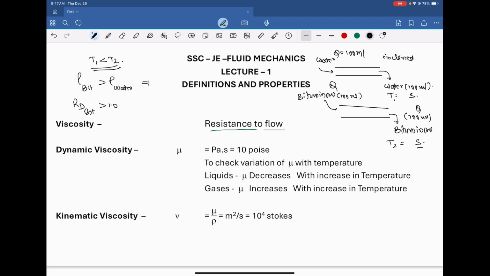The reason is there is a resistance to flow for bituminous to freely flow in the pipe. That is called the viscosity. The viscosity of bituminous is greater than the viscosity of water. Viscosity I have already defined. We call it mu. Pronounce it as mu. Mu is dynamic viscosity.